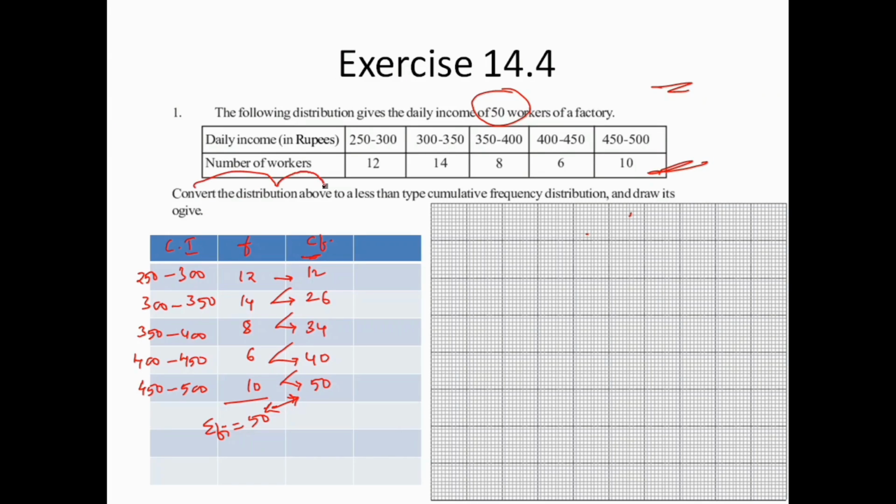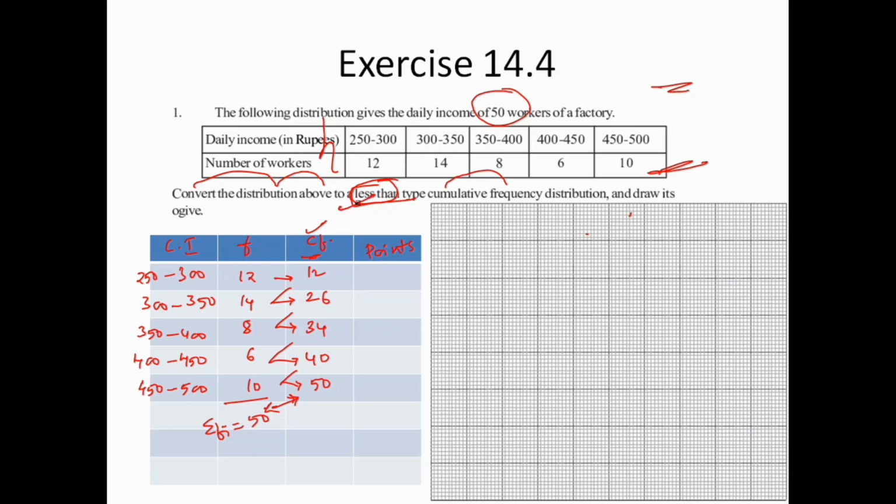Convert the distribution above into a less than cumulative frequency distribution. See, I have taken the cumulative frequency here. The general rule is, if they ask you for the less than cumulative value, then you need to note down the coordinates.